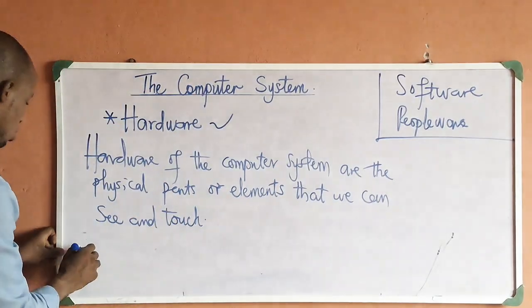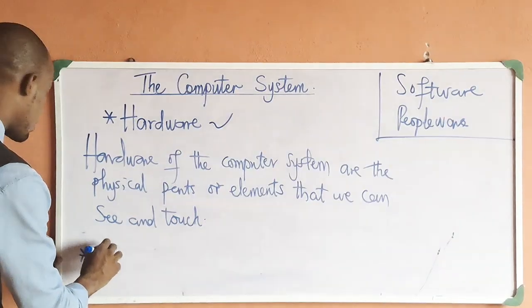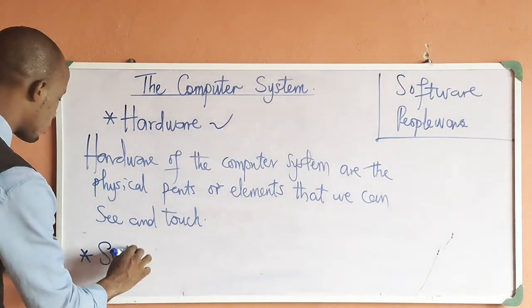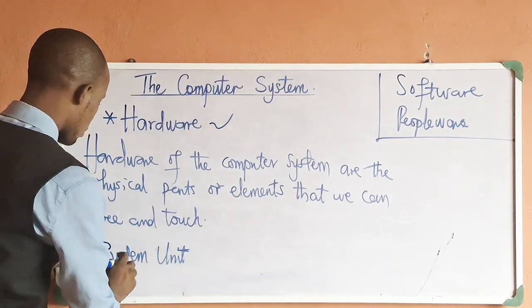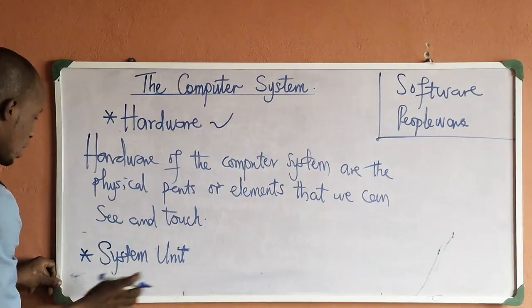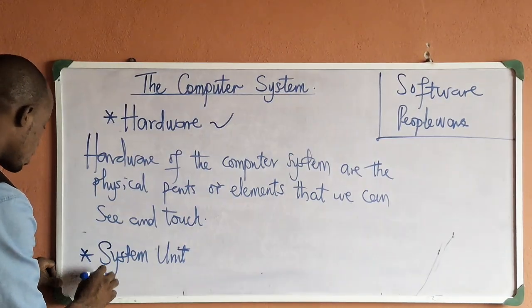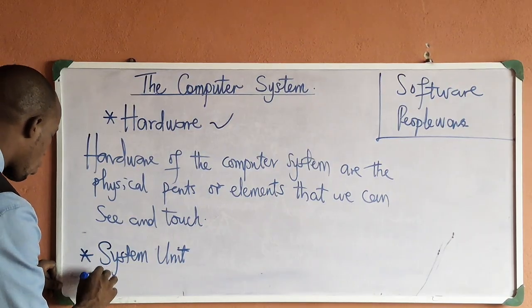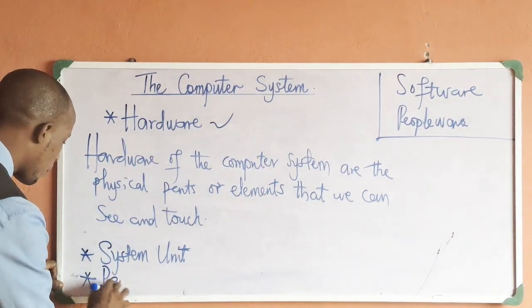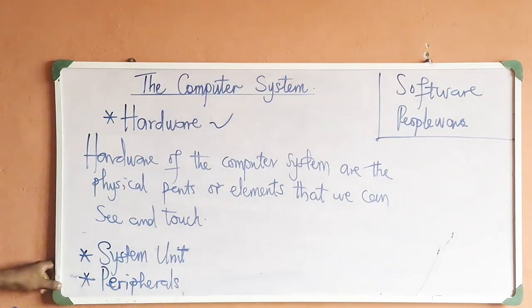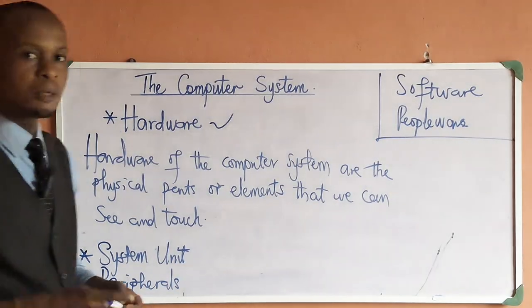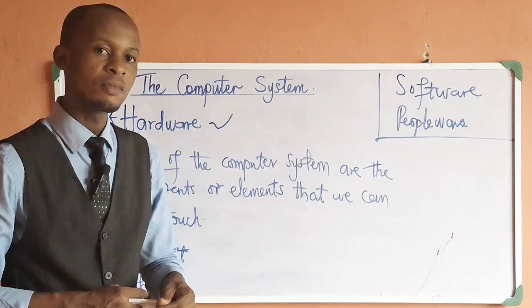The first category is the system unit, of course, and the second is the part we call the peripherals.